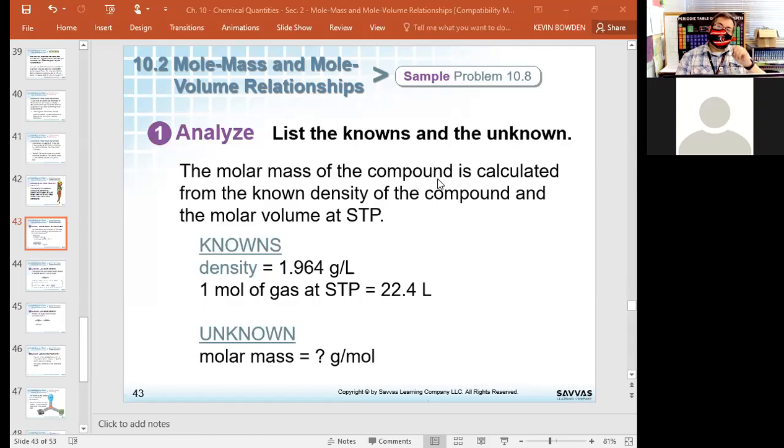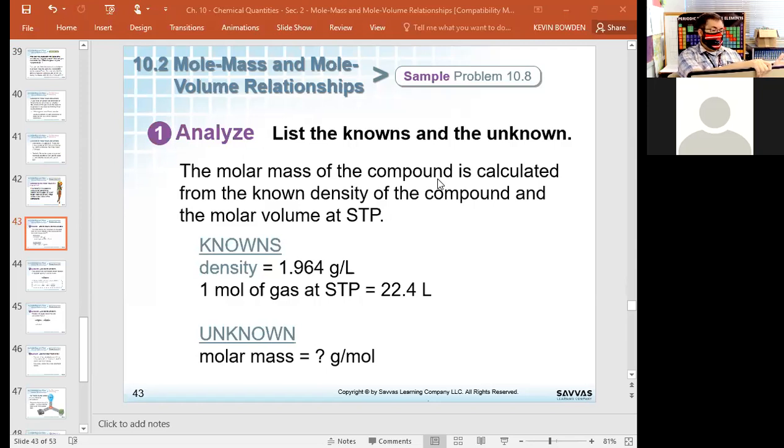I know that the given density in this problem is 1.964 grams per liter. I can weigh that because I can see the jar says it's a liter. I know the weight of the jar itself, so I can subtract that.